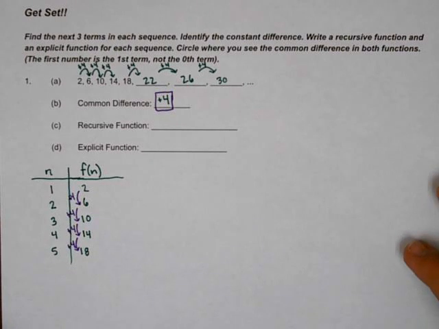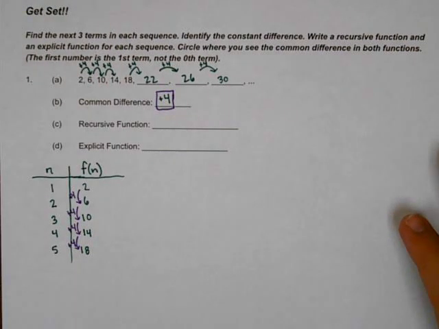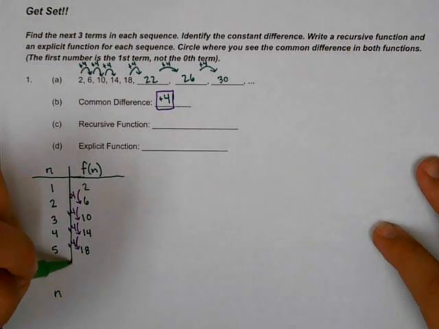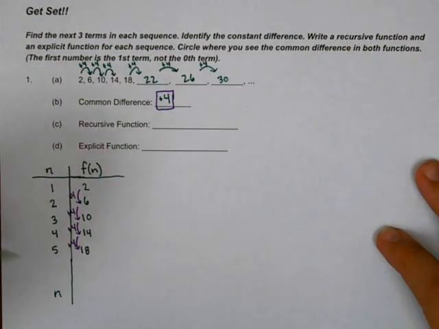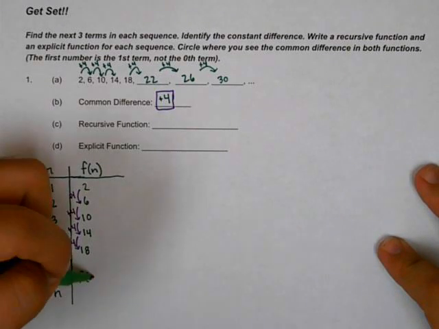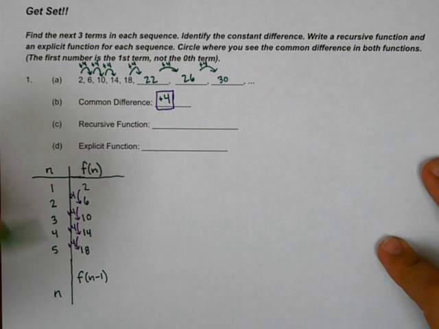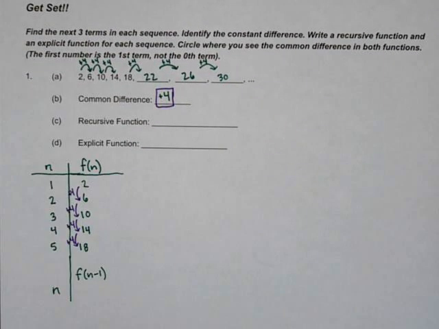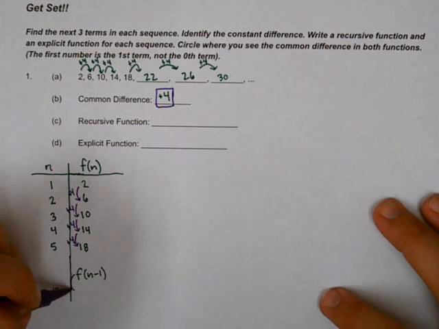And so when we talk about this recursive idea, and I want to try to write my f of n function, well, the problem is I actually need what's above it. I need f of n minus 1, because what do I need to do to it? I need to add 4.